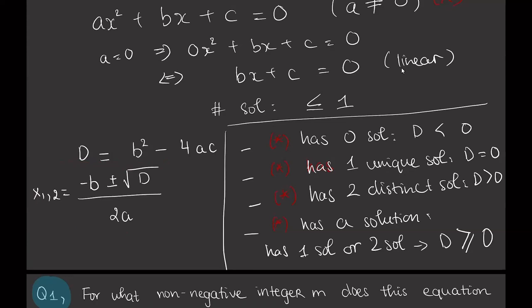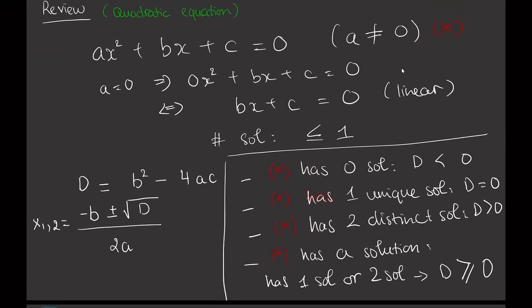Can someone tell me? Yes, it's true. And it's true because when the equation has one unique solution, d equals 0. So this is the square root of 0, which is 0. And something plus minus 0 is the same. That's why in the case d is 0, the equation only has one solution.